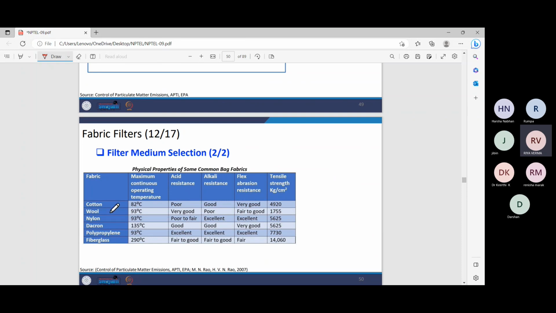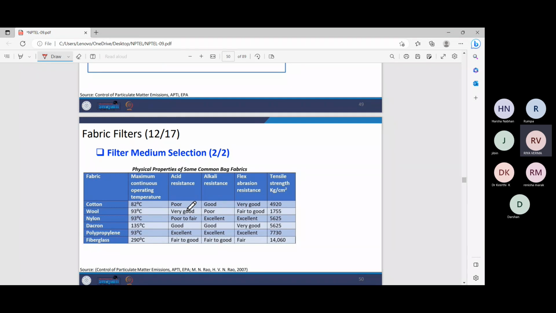These are the different types of filter medium fabrics that can be used for fabric filters: cotton, wool, nylon, dacron, polypropylene, and fiberglass. We have maximum continuous operating temperatures, which are the temperatures these materials may resist. For example, cotton can resist temperatures up to 82 degrees centigrade, but its acid resistance is poor.